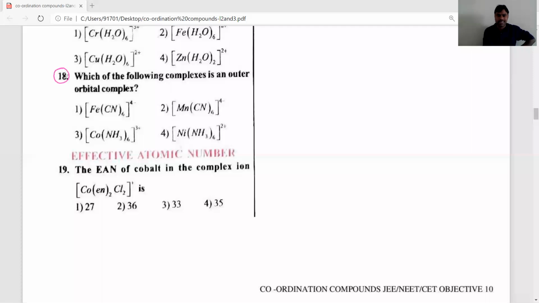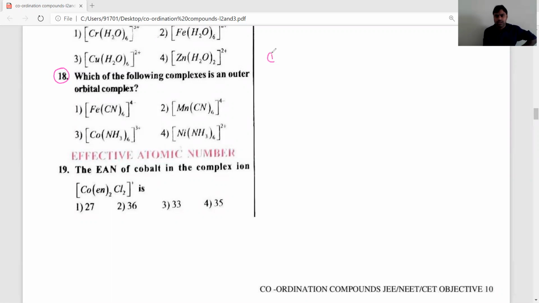We have to find out the hybridization. If outer d orbitals are involved in an octahedral complex, then it is called an outer orbital complex. If inner d orbitals are involved, it is called an inner orbital complex or inner sphere complex. Mostly CN and NH3 we have to consider as strong field ligands.